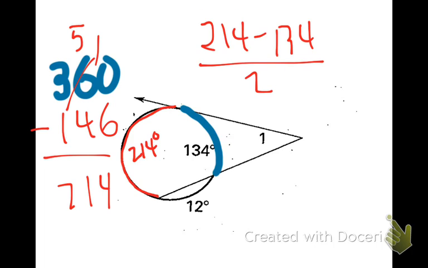The difference between those is 80. So 80 divided by 2 equals 40 degrees. Angle 1 is 40 degrees. Questions? Okay?